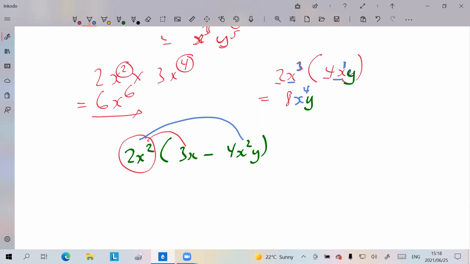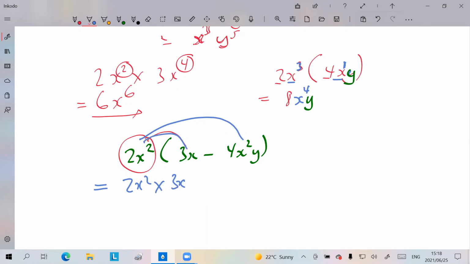There's two terms in the bracket. The 2x squared must multiply the 3x, and you must multiply the other term. If you're finding it difficult to understand that way, you can write it this way. 2x squared times, okay, let me take out the brackets because some learners don't like brackets. 2x squared times 3x. That's the first one done.